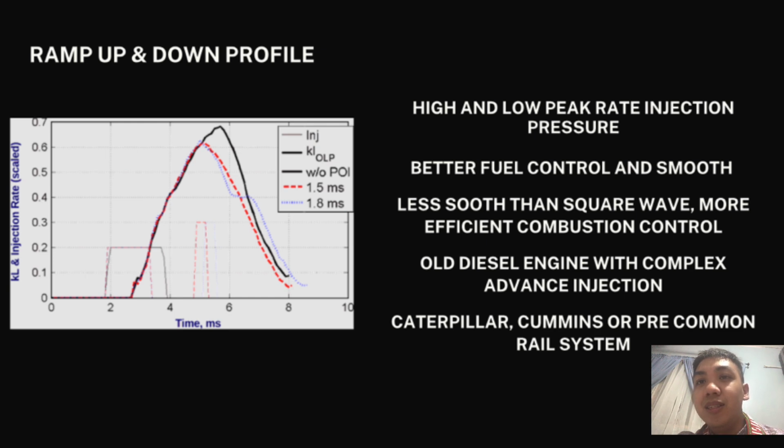But this is not as efficient as the multiple injection system, which I will explain next. This ramp up and down profile can be seen in diesel engines with complex advanced injection, such as the same brands Caterpillar and Cummins, and also pre-common rail systems.